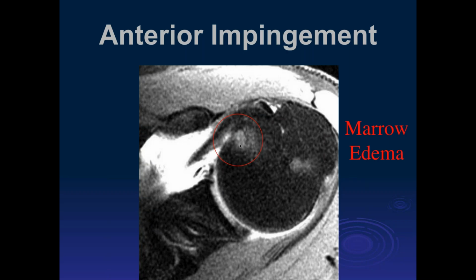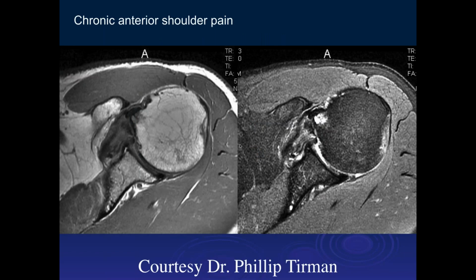This is right in the area where you get impaction against the coracoid process. So you need to have the chevron sign, you need to have narrow space, and then bone marrow edema in this location. Those three things would make me suggest the diagnosis on an MRI, even if I didn't have further clinical information. So this was anterior impingement. Okay.